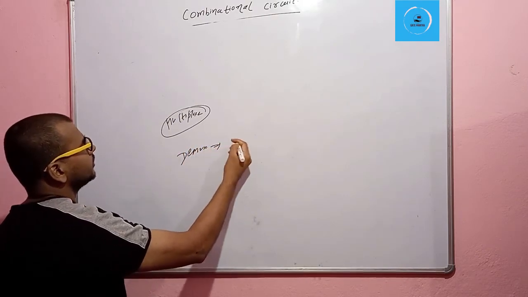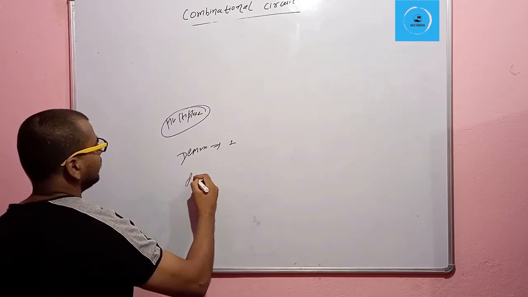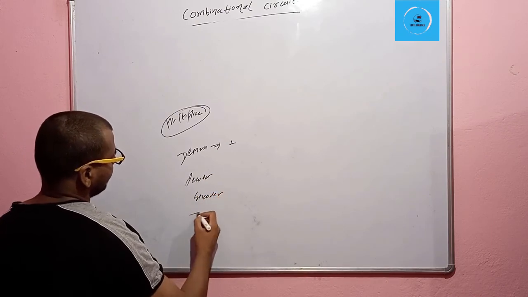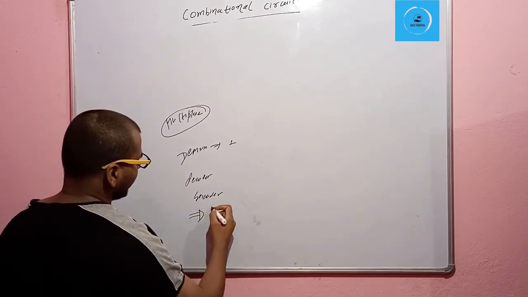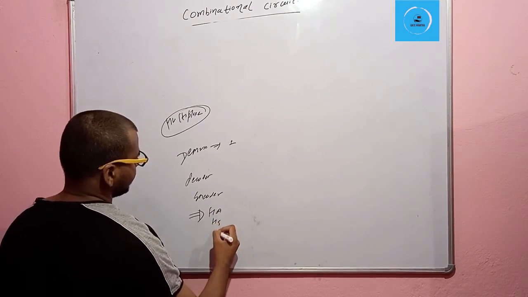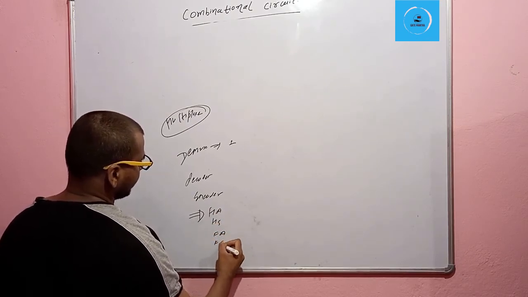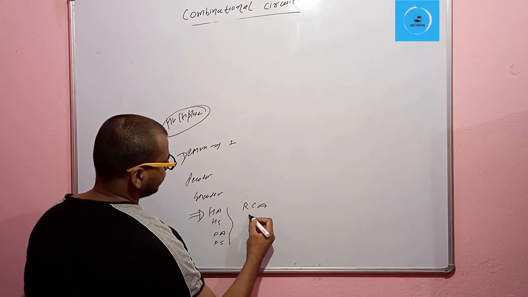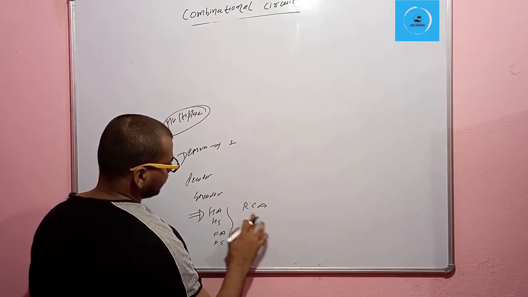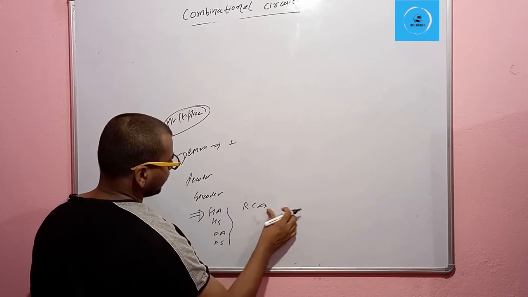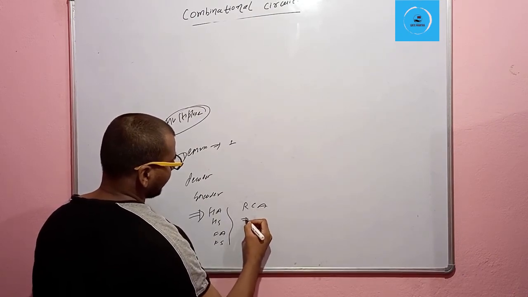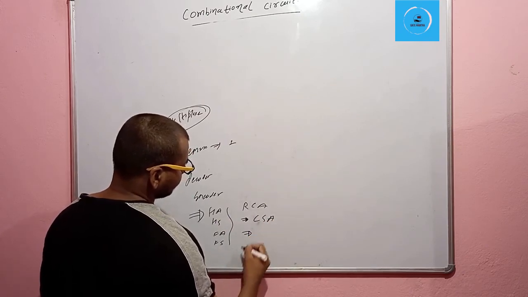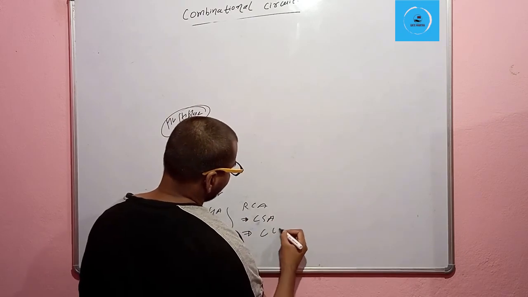This will take only one class or half a class, and then we are going to see the decoder, and then the encoder, and then all types of adders: half adder, half subtractor, full adder, full subtractor, and then ripple carry adder, carry save adder, and carry look ahead adder.